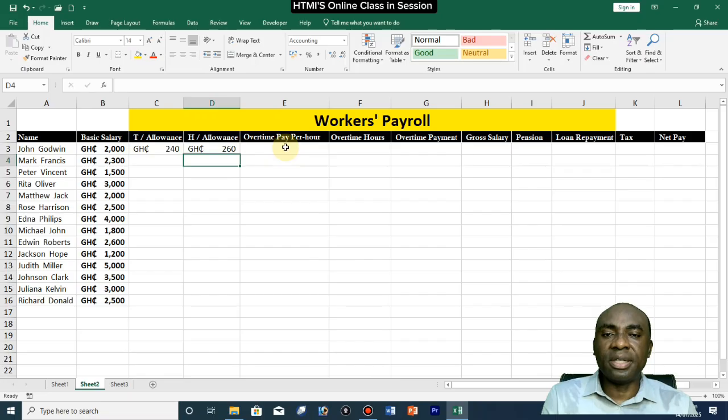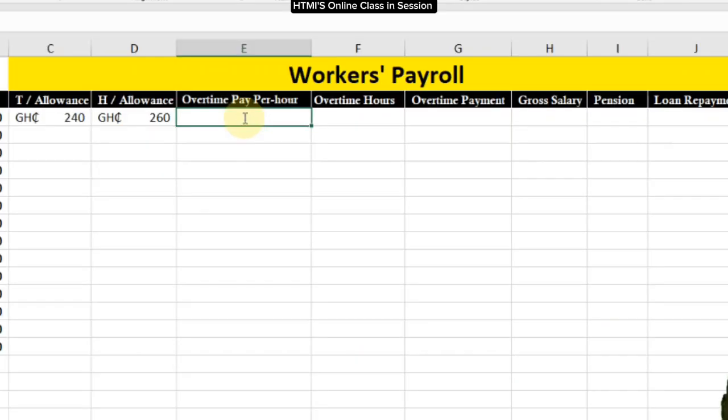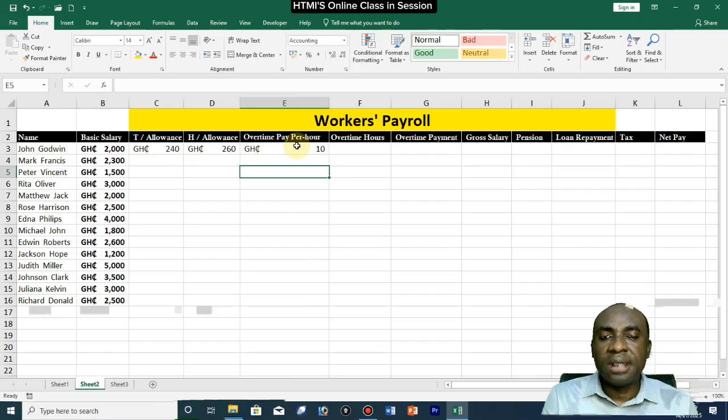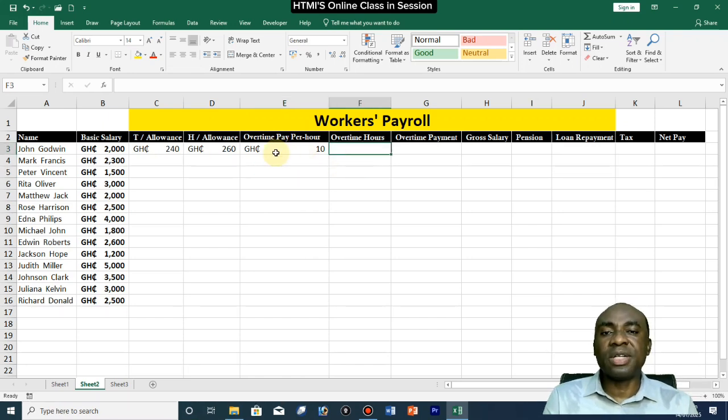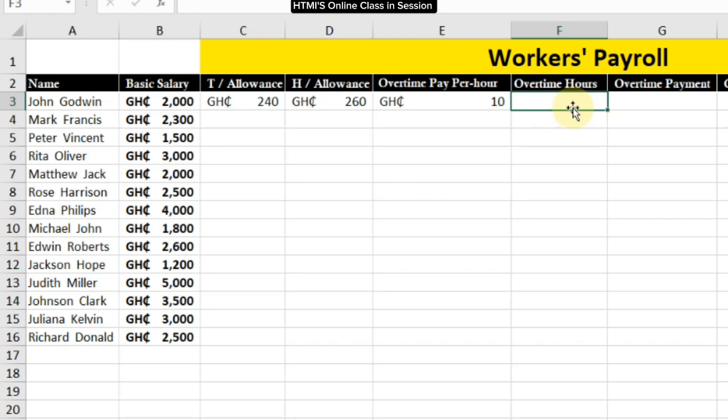So this company pays you per hour if you work overtime. Per hour payment is 10 cedis if you work overtime. So if you work 3 hours, that will give you 30 cedis. In a month, the overtime hours worked by this particular worker amounted to, let's say, 22.